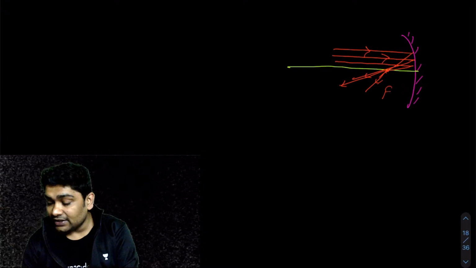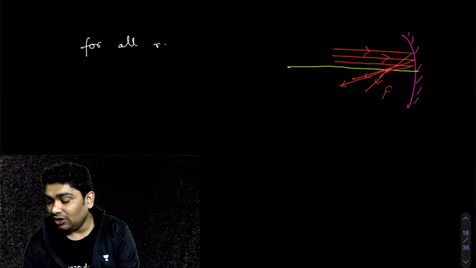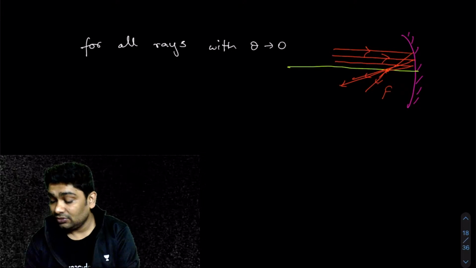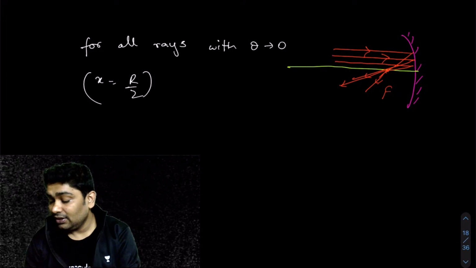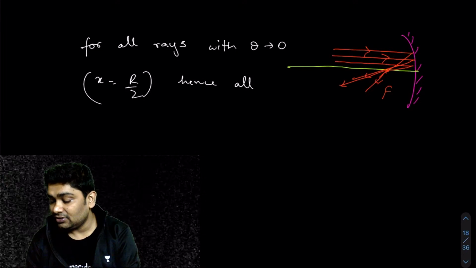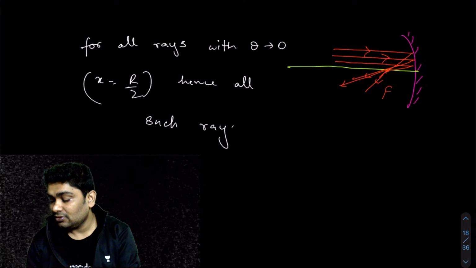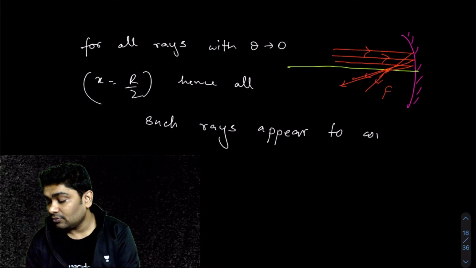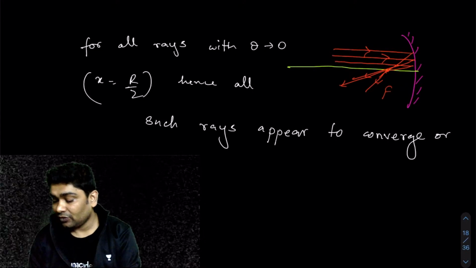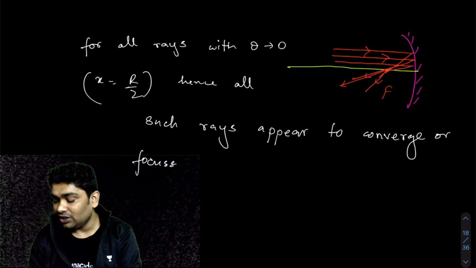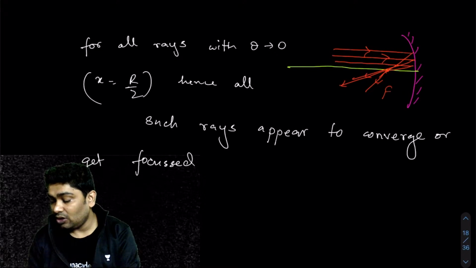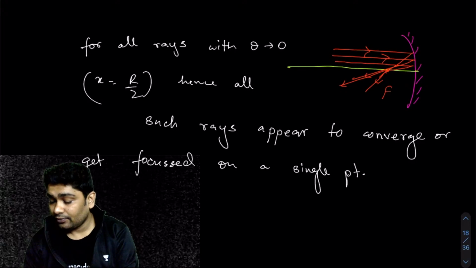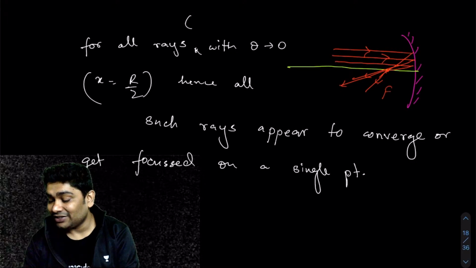So what I can say is for all rays with theta tending to 0, x equals r by 2, hence all such rays appear to converge or get focused on a single point, parallel to the principal axis, of course.